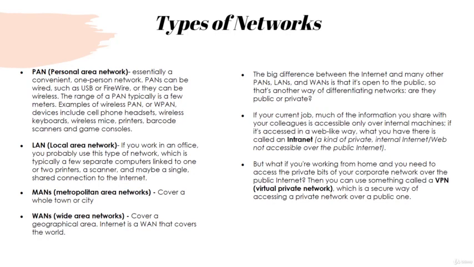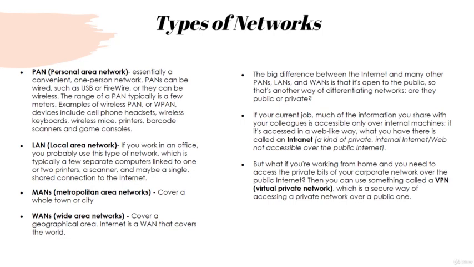Then we have a local area network, a LAN. If you work in some sort of office setting, then you most likely have been exposed to or are aware of a local area network. This is the most common for a lot of local businesses. With this, there's typically a few different computers that are linked to one or two printers, also a scanner, maybe a single shared connection to the internet.